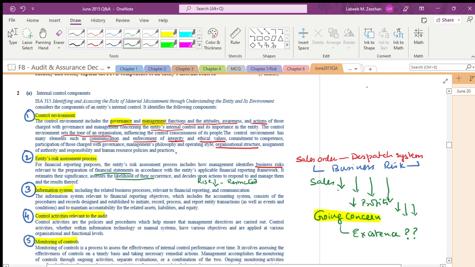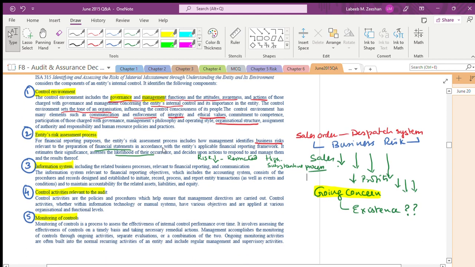That is there in the first slide, the diagram is there. If the risk is high, we are doing a substantive process. Fine. That is where the risk assessment process comes into the picture.